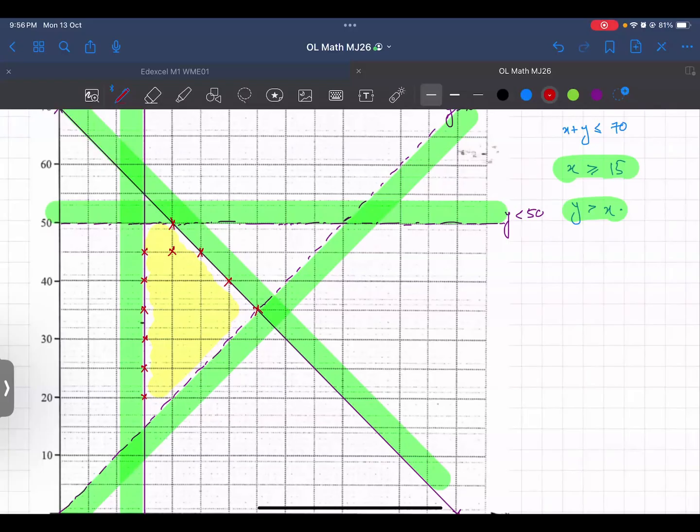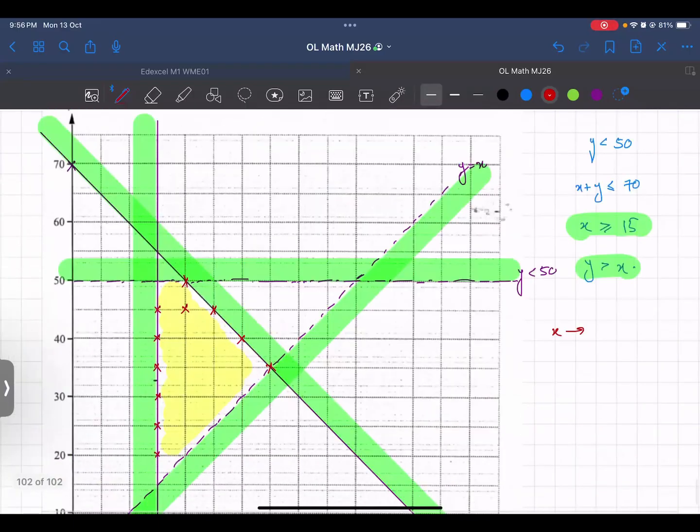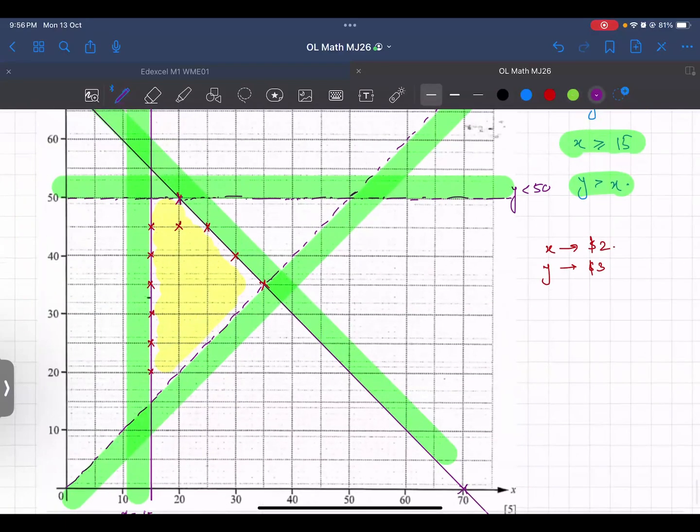Okay sir. You want the maximum cost, so this means the maximum. The value of X was given to us. X is $2 and Y is 3. So if we take, let's suppose, this point, this is 20, 50. So 20 times 2 plus 50 times 3, which will be $190.